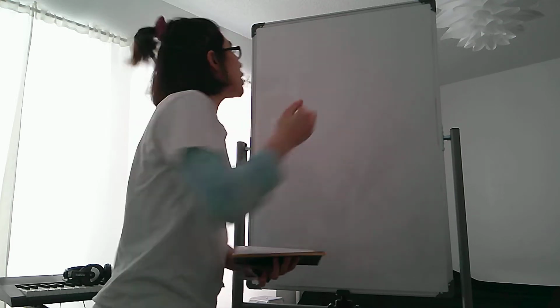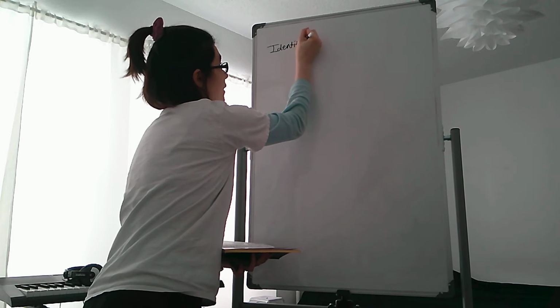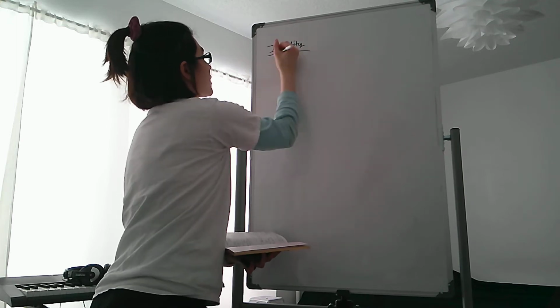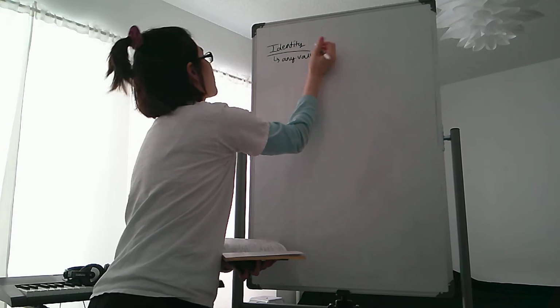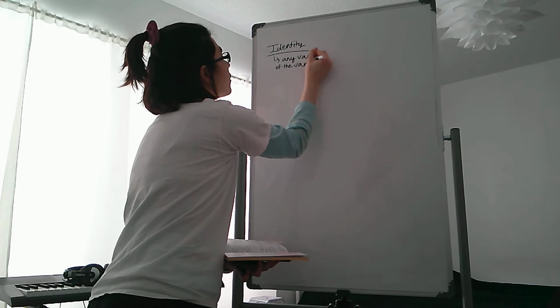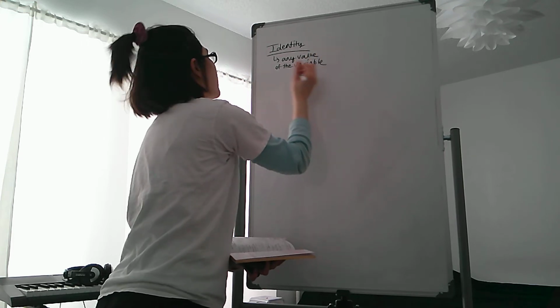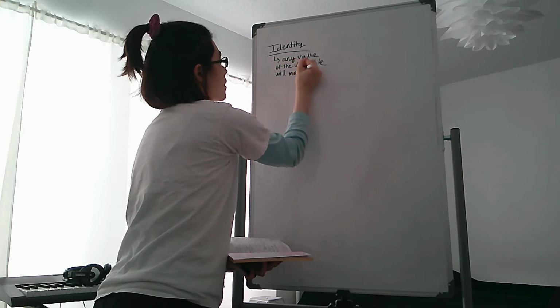But sometimes you have a special case called an identity, okay? That is an important term to know. Identity, where any value of the variable will make the equation true. I talk a lot faster than I write.